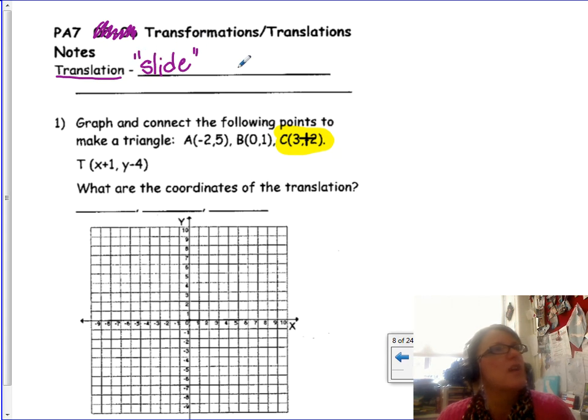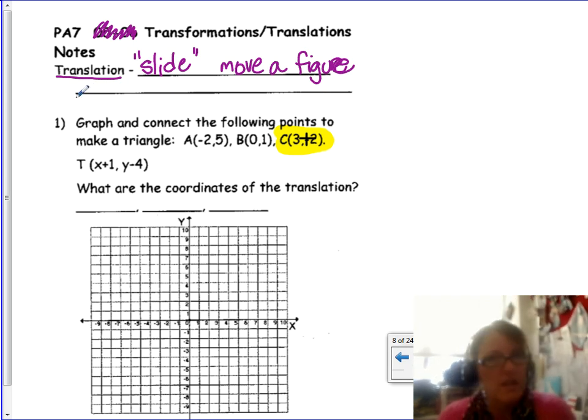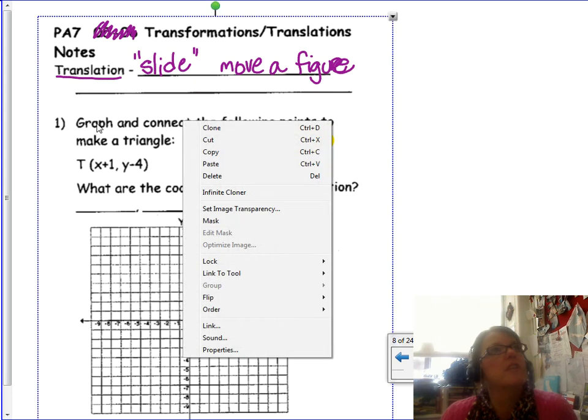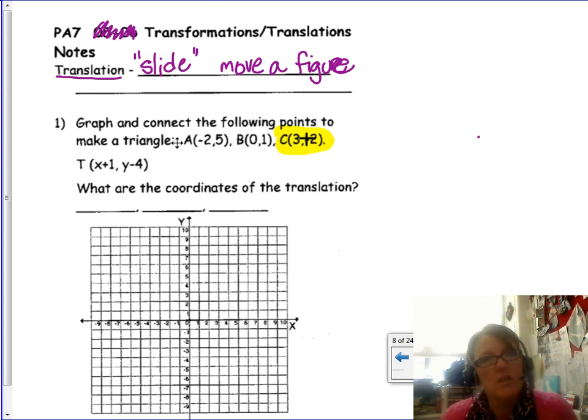We're moving a figure or a shape of some kind. It could be a point too, but I mean a figure like a polygon, a triangle, a rectangle, any kind of quadrilateral or pentagon. We're moving this figure to a new location on the coordinate system, just like sliding it.